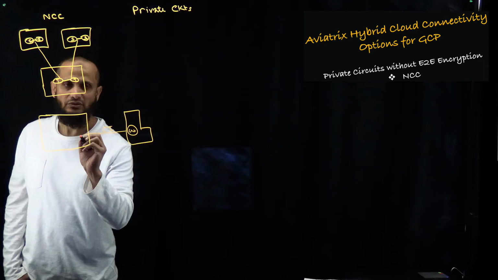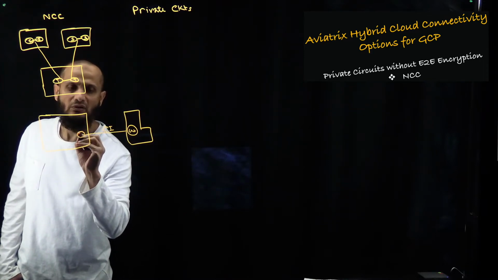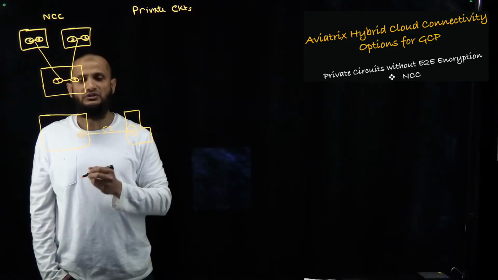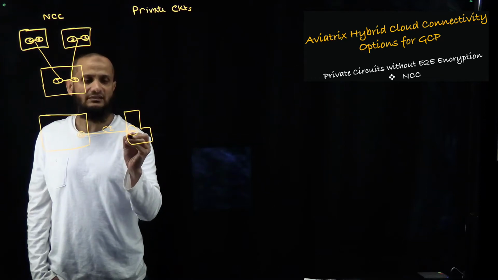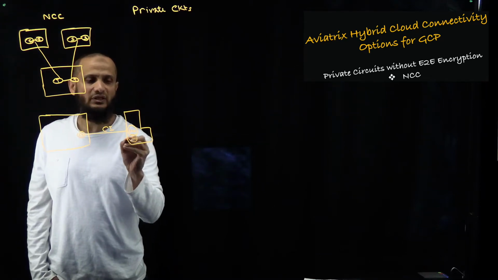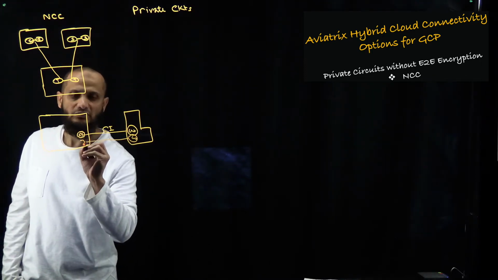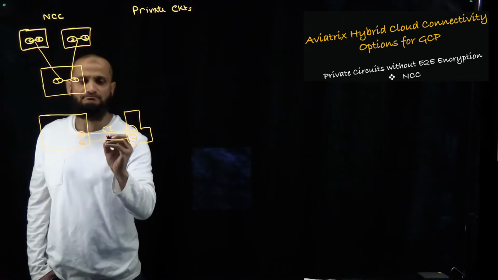Here you are going to use a cloud router, and if we are using dual, redundant cloud interconnects, then let's say we have another one, and we are going to use another cloud router here too.